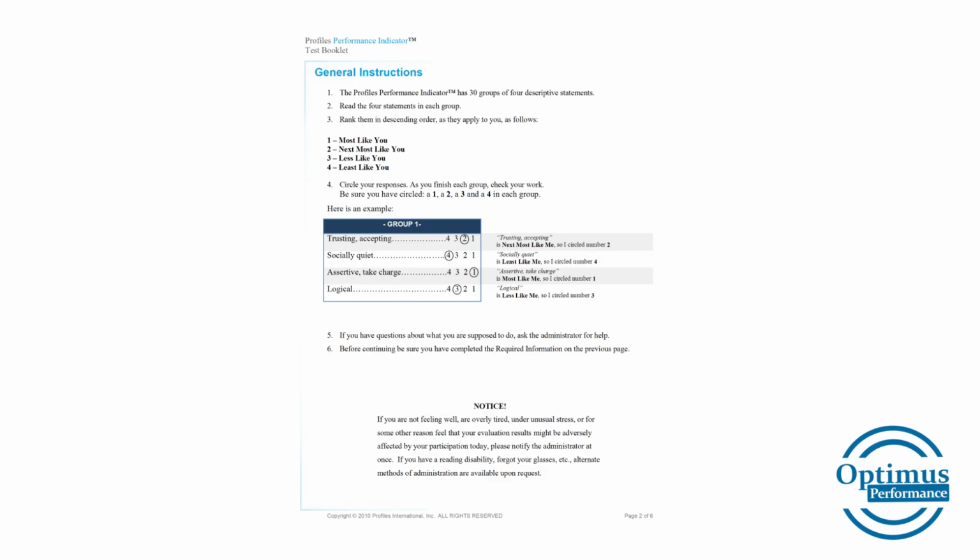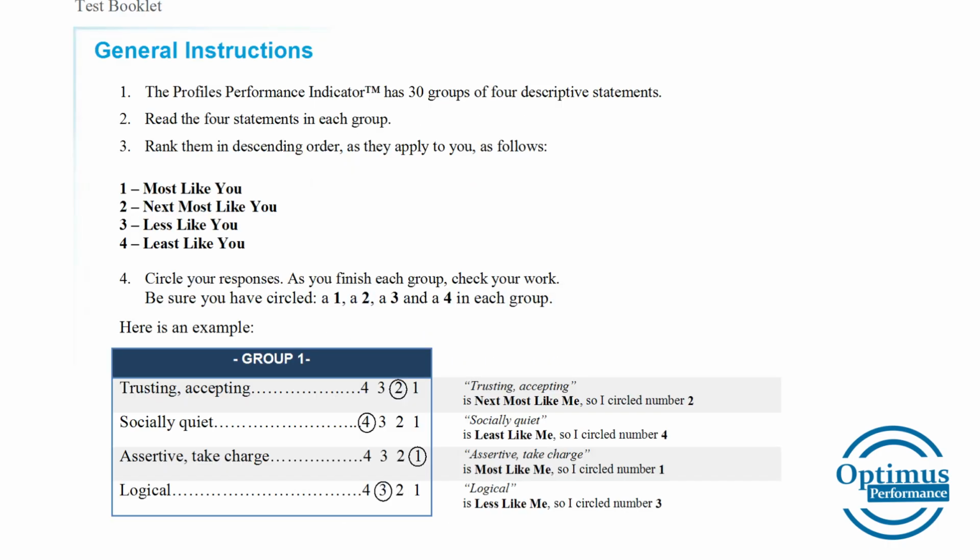So you're given a statement and you have to answer if that statement is more like you or less like you on a scale of 1 to 4. And you see how to value or score that right here. All the assessments on the market have their own specific questionnaire, but most of them, or I think all of them, are basically built on the DISC model, which is a very popular model.